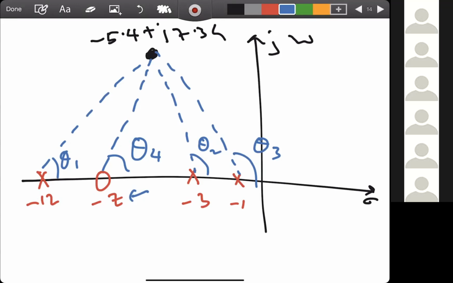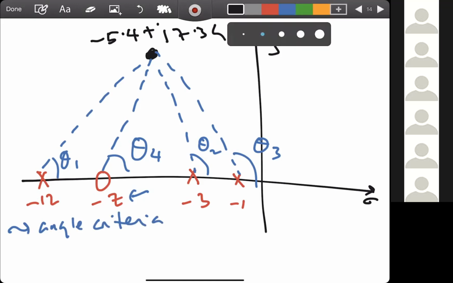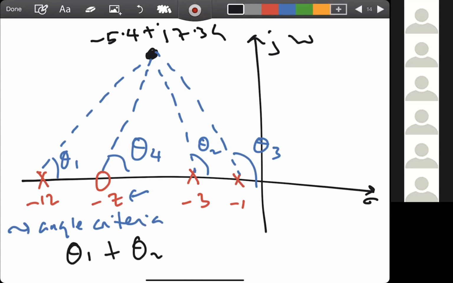Chua Leong. The angle criterion: theta 1 plus theta 2 plus theta 3 minus theta 4.